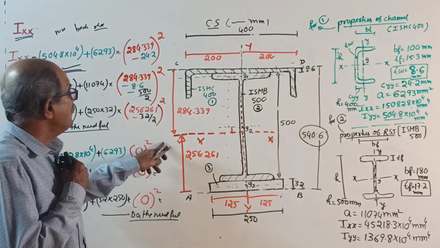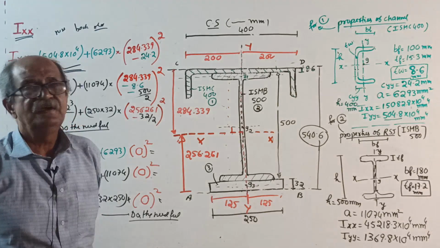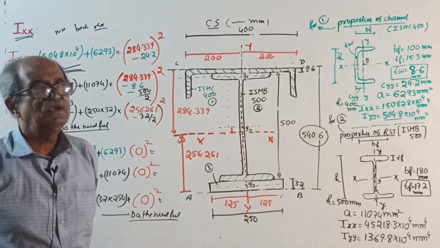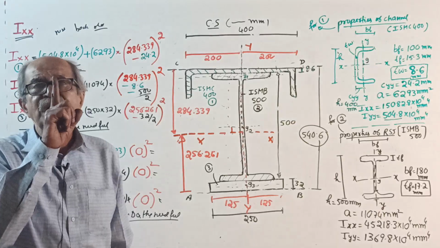Okay. Once moment of inertia is over, I will take up the last part of engineering mechanics, that is friction. Actually, for structural engineering knowledge, only one class is required.